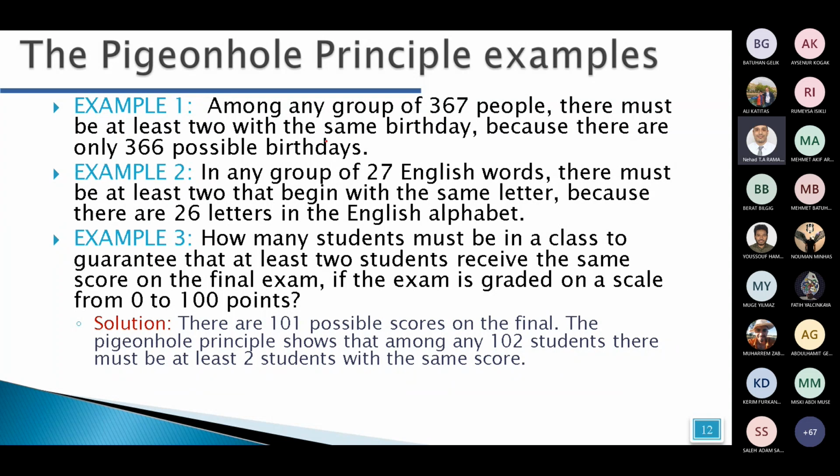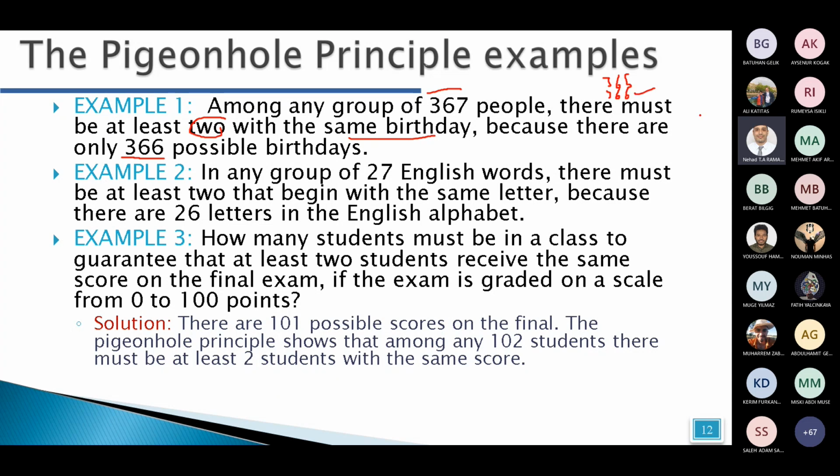First example: among any group of 367 people, there must be at least 2 with the same birthday. Why? Because there are only 366 possible birthdays. You know, there are 2 types of years, with 365 days or 366 days.